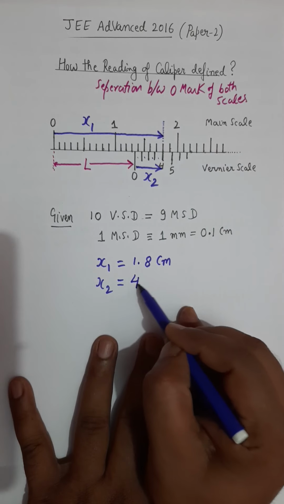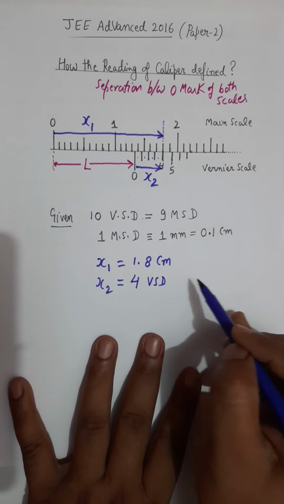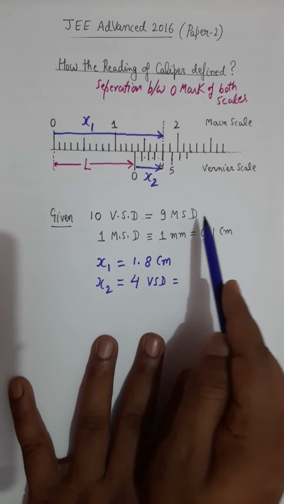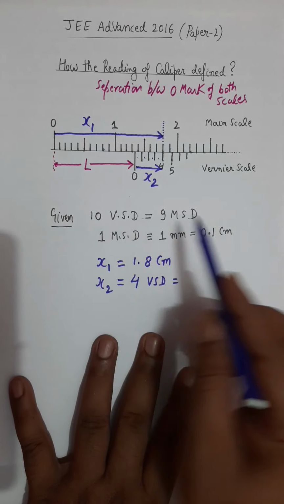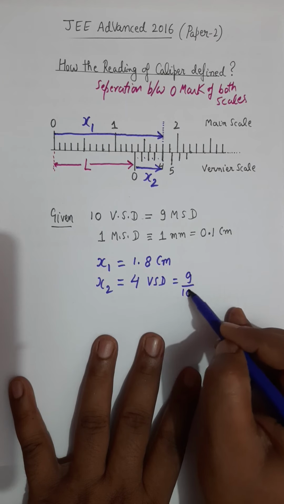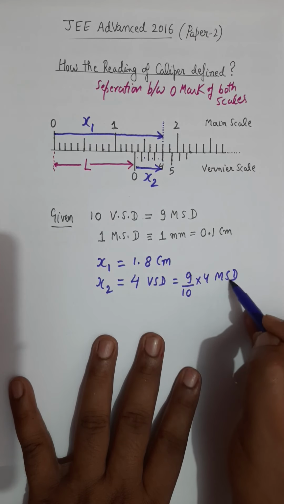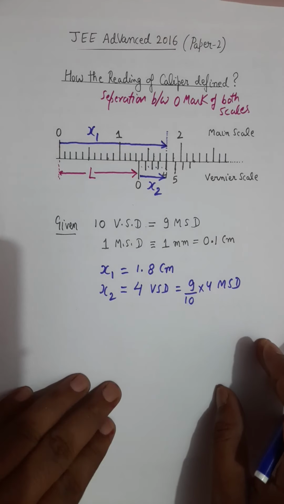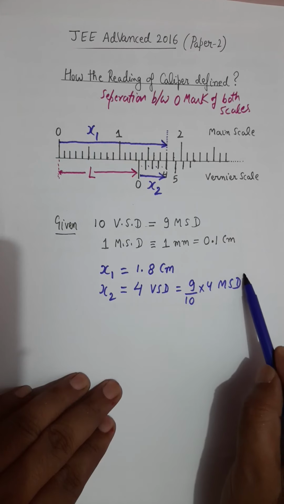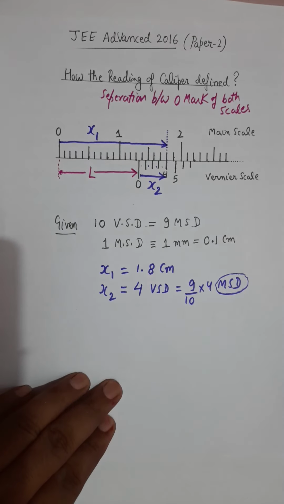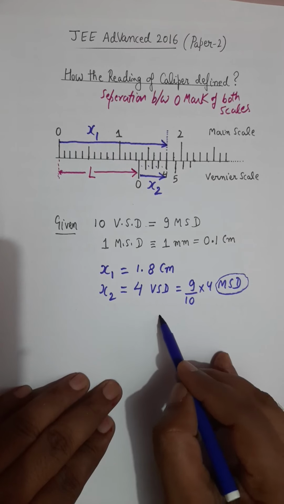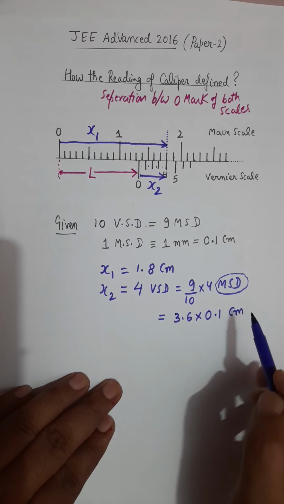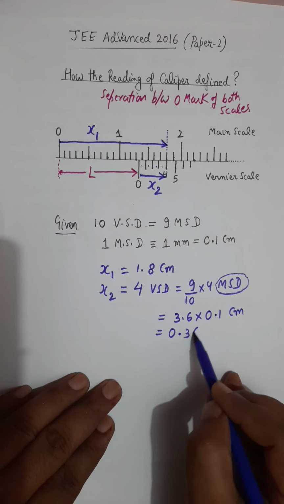From the given information, where 10 Vernier scale divisions are 9 main scale divisions, 4 Vernier scale divisions will be 9 over 10 times 4 main scale divisions by the simple unitary method. We know one main scale division is 0.1 centimeter. So the total will be 3.6 multiplied by 0.1 centimeter, which gives 0.36 centimeter.